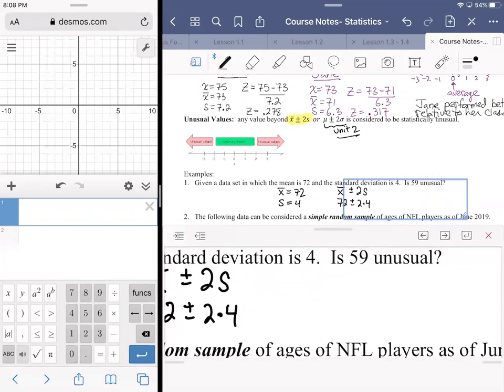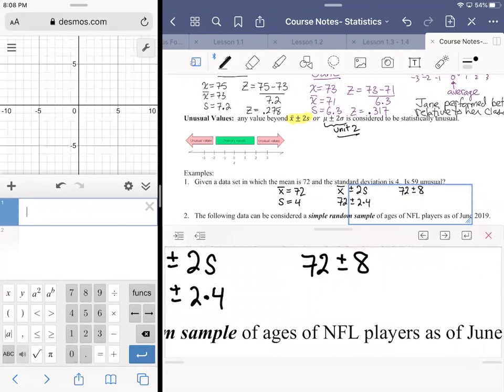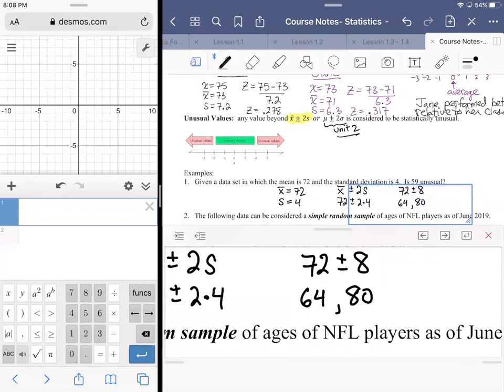That in turn is 72 plus or minus 8, which gives you a lower bound, 72 minus 8, so 64, and an upper bound of 80. And so we put square brackets on these two numbers.